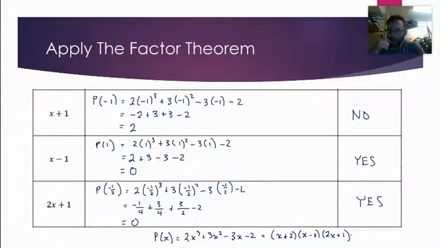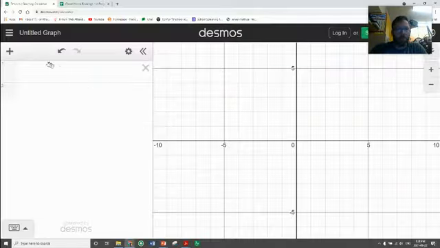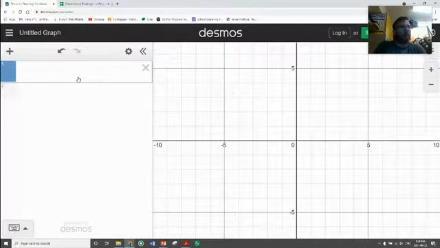Now, plug and play and doing things by hand can be a bit tedious. So let me show you how we can use a program like Desmos to do this work for us. So I have Desmos loaded up here. What we do when you're in Desmos is define that polynomial function that we're working with.